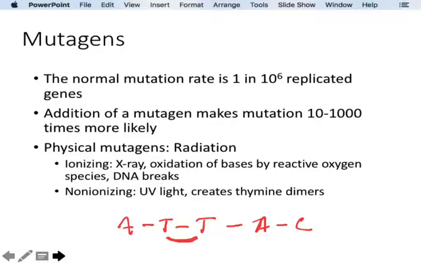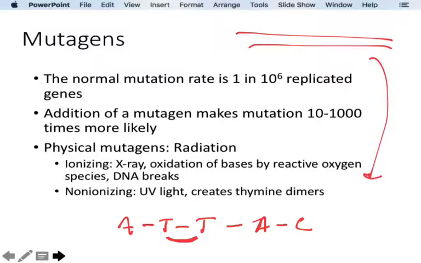So it creates in the DNA sequence a little bit of a pucker. Instead of having perfectly linear or helical DNA, it takes it to a format where there's a little bend. If that doesn't get recognized by host repair machineries, that sequence of TT gets misread by the DNA polymerase, leading to potentially insertion, deletion, or just a point mutation of misreading that sequence.